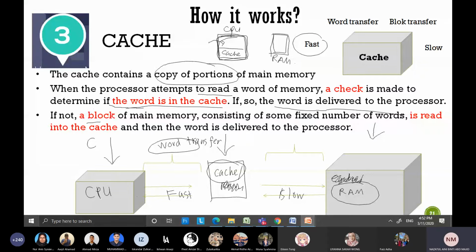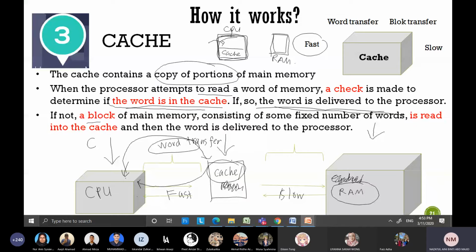If the word is in the cache, the word is delivered to the processor. So the CPU will check. Let's say they want to find an instruction that needs to be executed. The CPU will check first in the cache. Is it inside the cache? If yes, the cache will transfer the word or the instruction into the CPU.